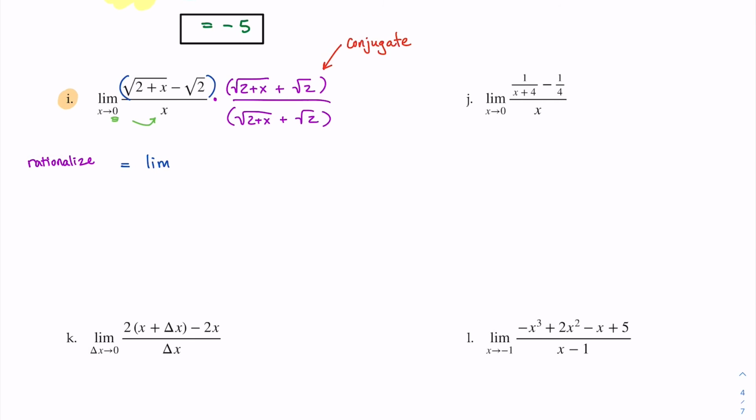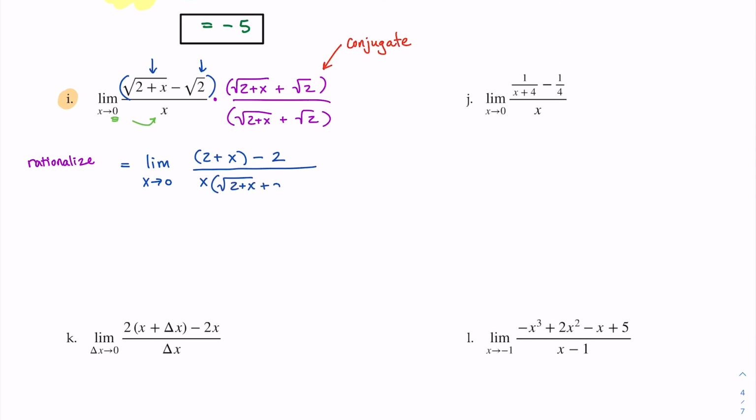Limit as x approaches 0. This term squared is just the radicand, or the inside piece, 2 plus x, minus this piece squared, which again, square root of 2 squared is just 2, all over x times this whole gross piece here.